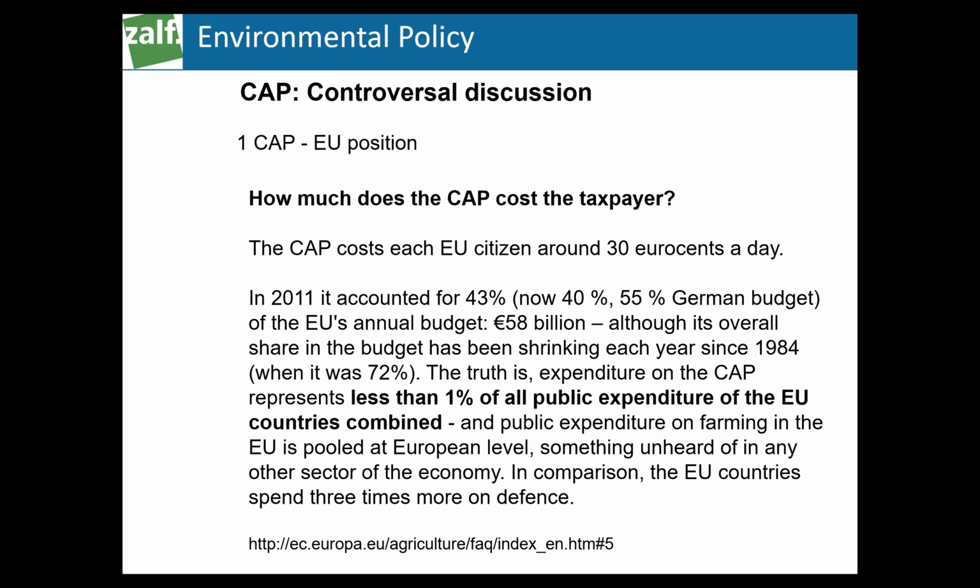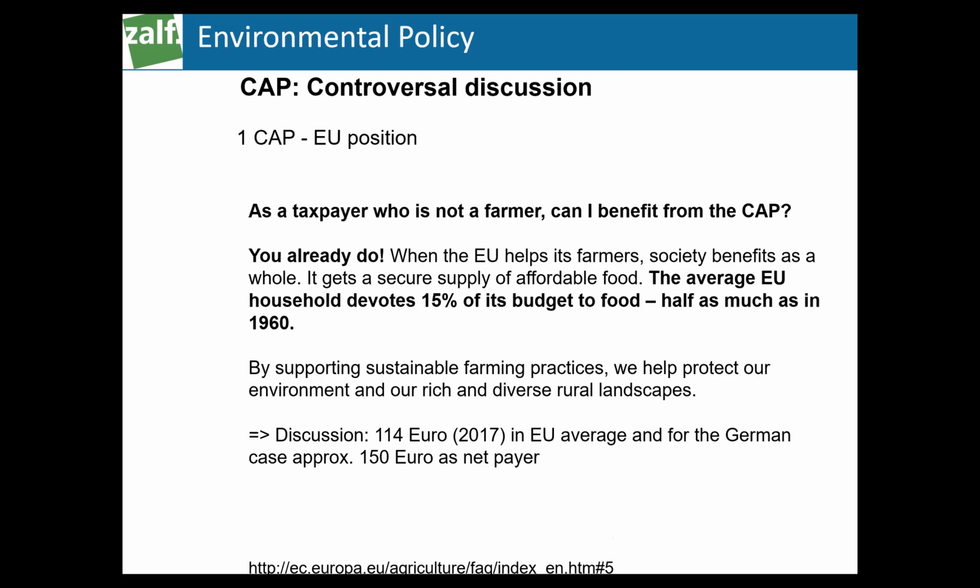But if you look at it, around 40%, now it's below 40%, of the entire EU annual budget is used for agriculture at EU level, and that is quite high, although it's 1% of all public expenditures of the EU countries combined. That means in percentage it's quite little, but within the EU budget it is still the predominant share that the common agriculture policy has.